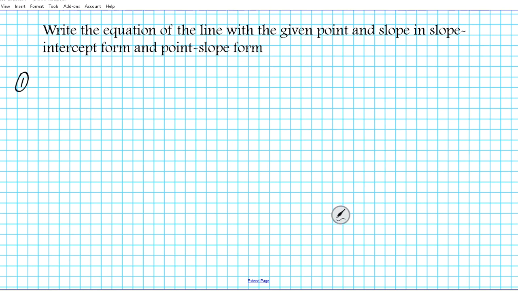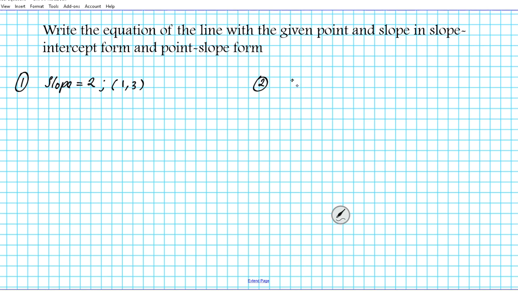So for question 1, let's say you have a slope of 2 and the point is 1, 3. So write the equation in slope-intercept form and point-slope form.